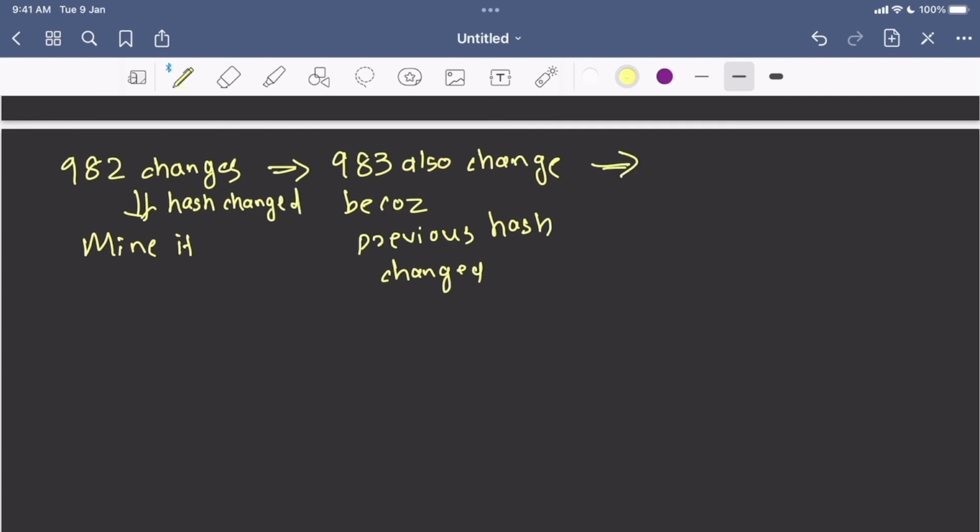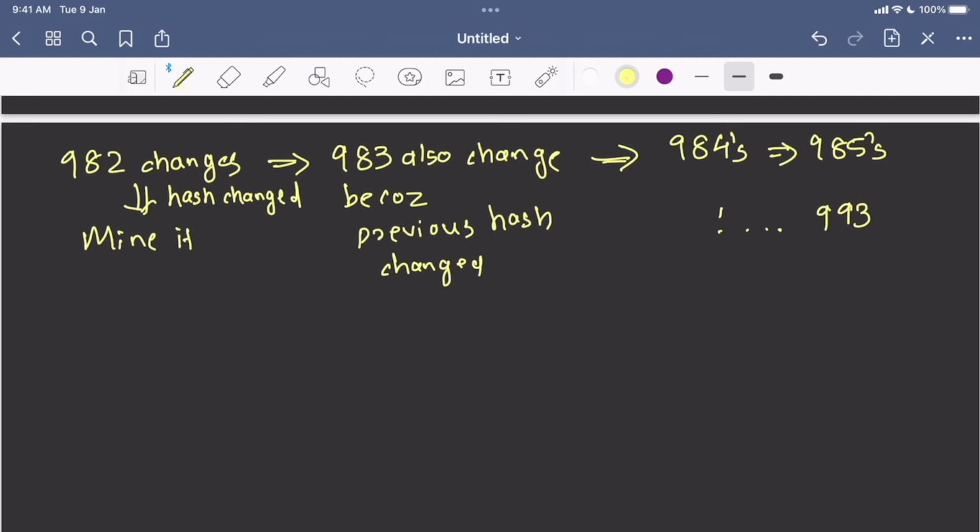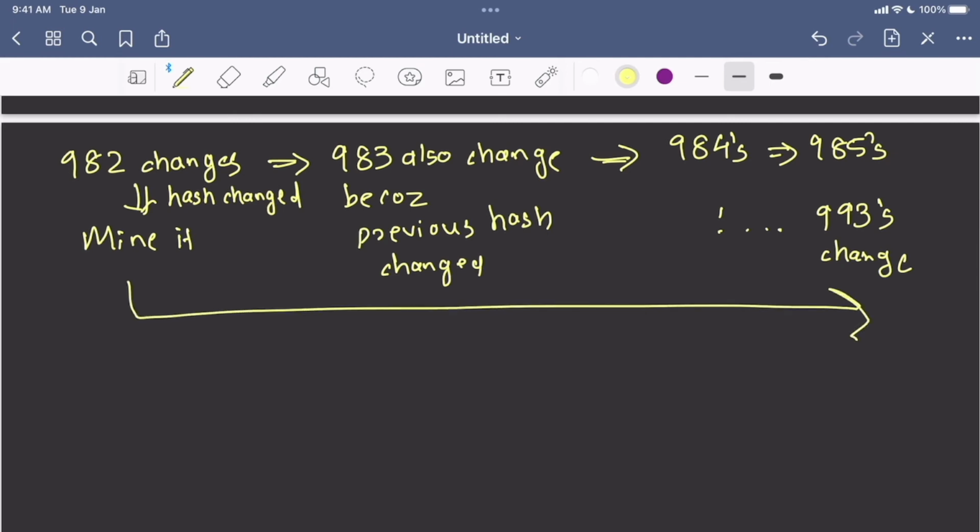And since 983 changed, 984's previous hash will also change, and similarly 985's previous hash will also change, and it will go on until the last block. Let's say 993 was the end block of this chain, the current end block. Its hash will also change. So if you can see, if a confirmed block is changed, all other blocks from that block to the end of the chain will have to be mined to reconfirm that chain.